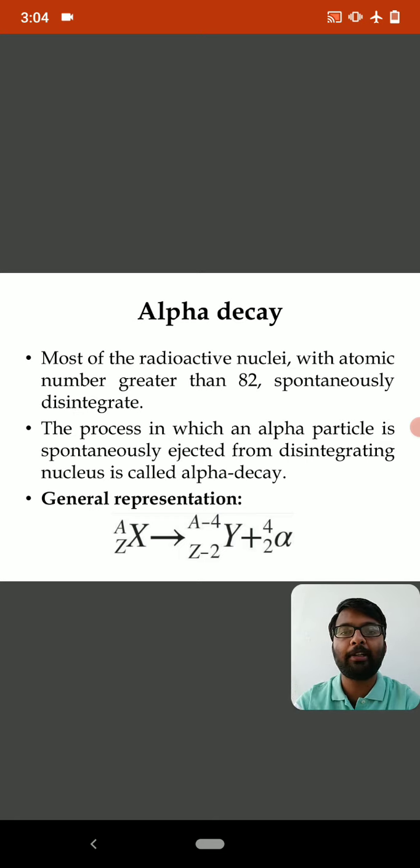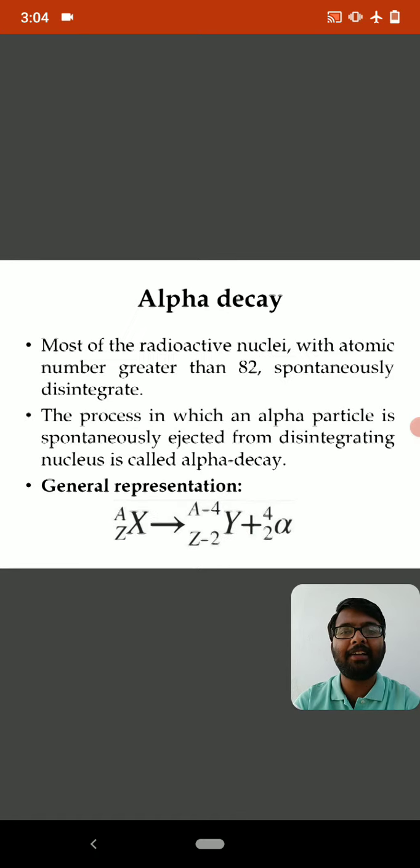The process in which an alpha particle is spontaneously ejected from the disintegrating nucleus is called alpha decay.